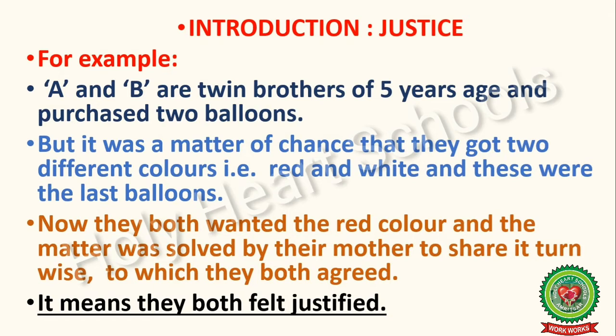But it was a matter of chance that they got two different colors, red and white, and these were the last balloons, so they didn't have any third option to change the color. Now they both wanted the red color and the matter was solved by their mother, means mother justified. And what did she justify? She said to share it turn-wise, to which they both agreed, means they both felt justified.